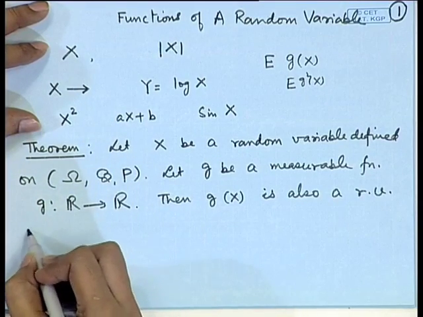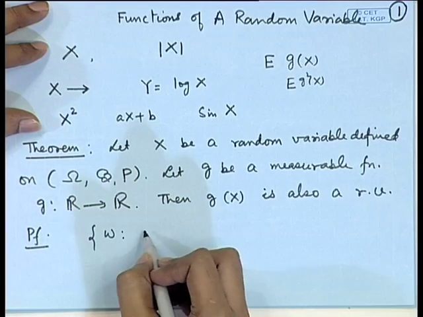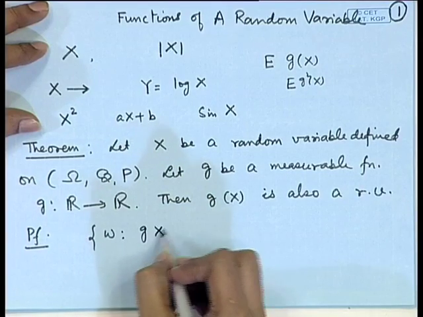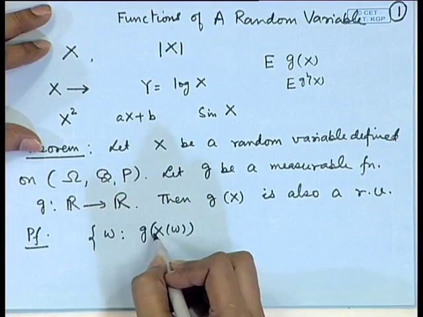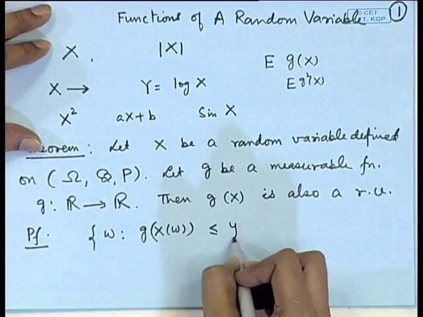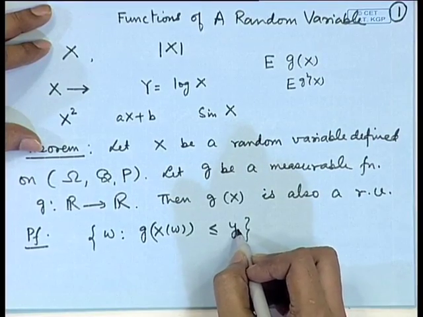To look at the proof of this, we must prove that the set of all those points such that g(X(omega)) is less than or equal to say y is a measurable set for every real y.